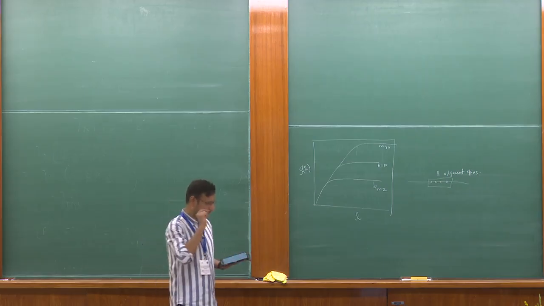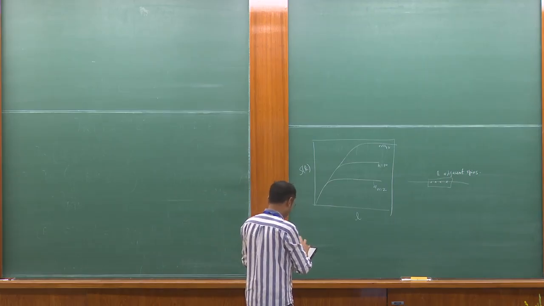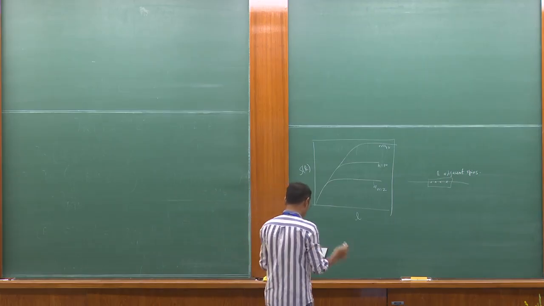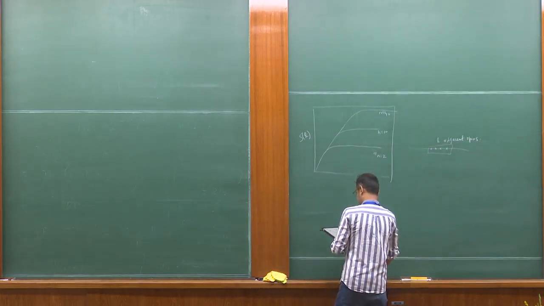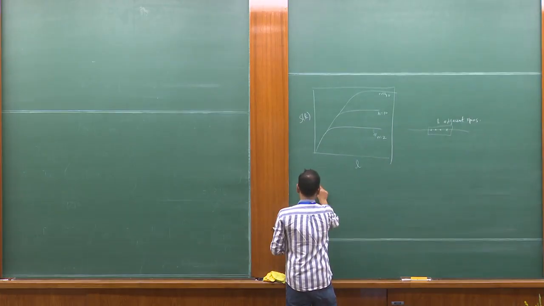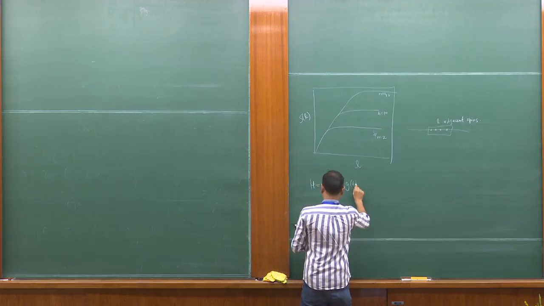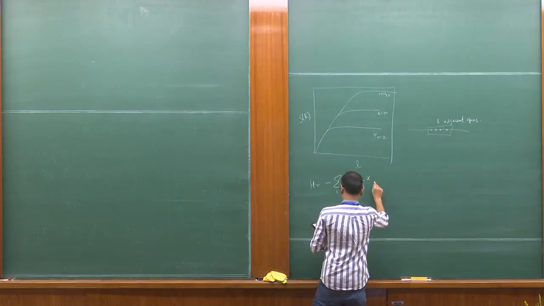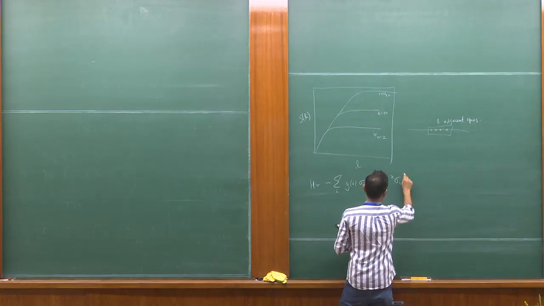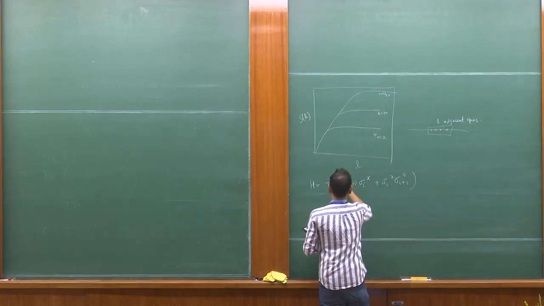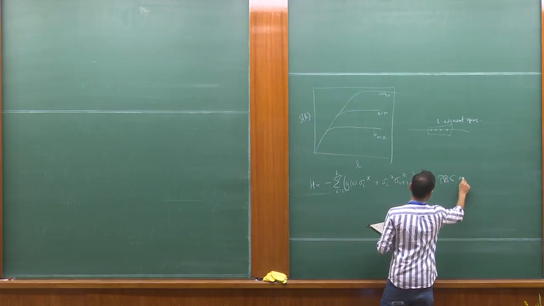So let me just continue from where I stopped yesterday. What we did yesterday was, let me write some of the basic things again. The model which we are going to be concerned with is the transverse field Ising model, where I have assumed periodic boundary condition on spins.